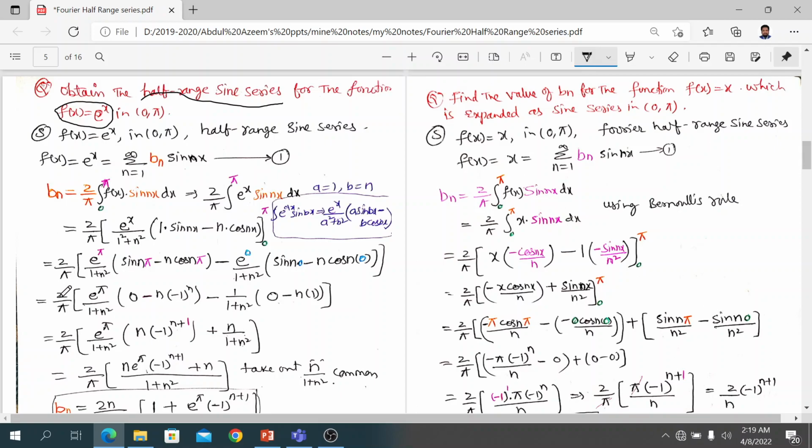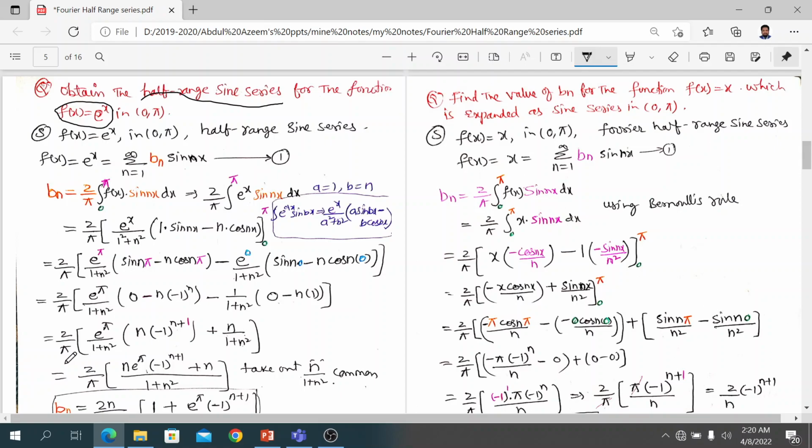Now 2 by pi outside as it is, e power of pi by 1 plus n square, sin n pi is 0, and cos n pi value is minus 1 power of n, minus anything power of 0 is 1, by 1 plus n square, sin value 0 minus n into cos 0 which is 1.